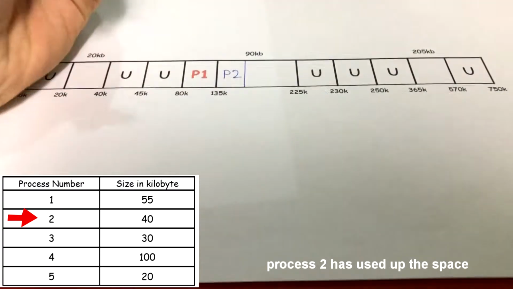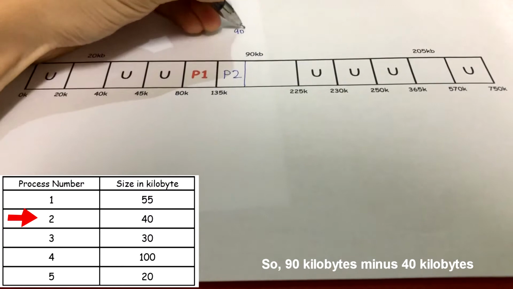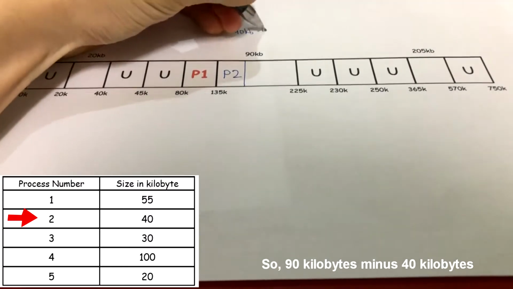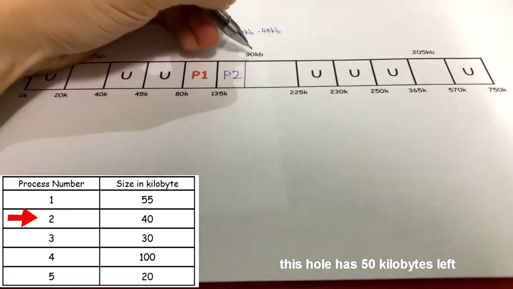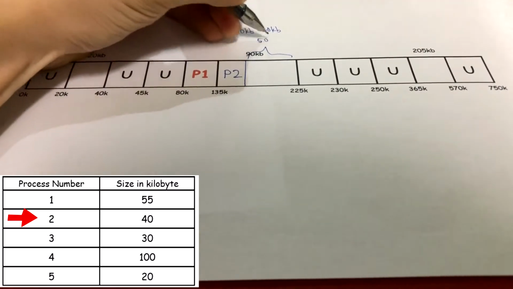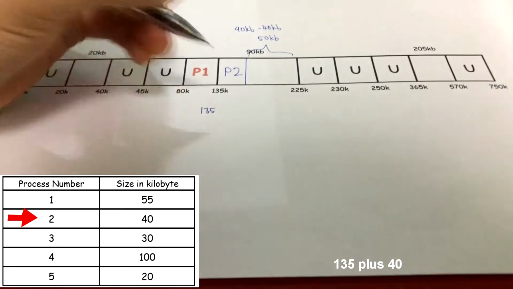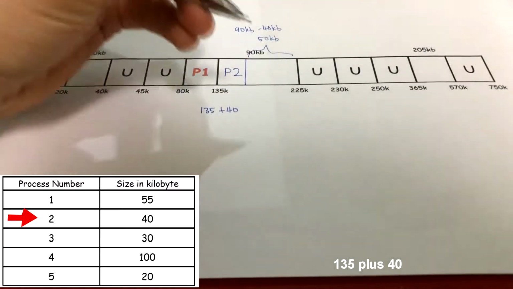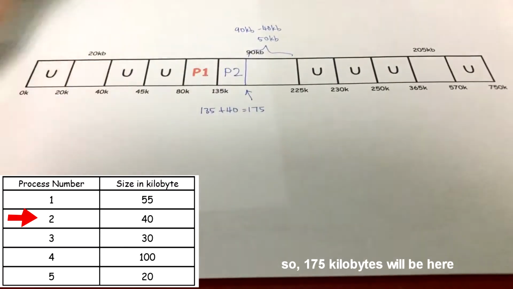Process 2 has used up the space. So 90 kilobytes minus 40 kilobytes. This hole has 50 kilobytes left. Then we update the size of the memory. 135 plus 40. So 175 kilobytes will be here.